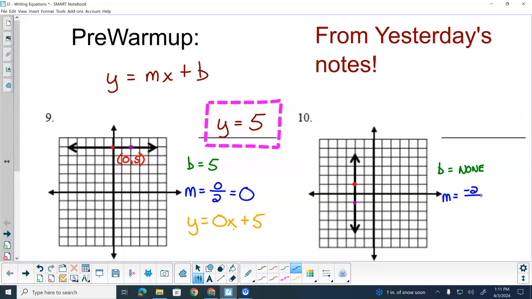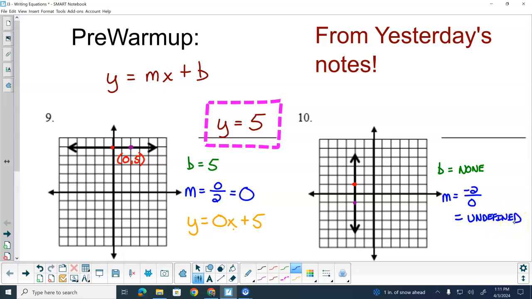0. Ooh. Can you divide by 0? There's only one person that I know that can divide by 0. Let's start doing infinity twice. Yeah. So, what kind of a slope is that? Undefined. Oh, that means we can't have y equals mx plus b for this one.